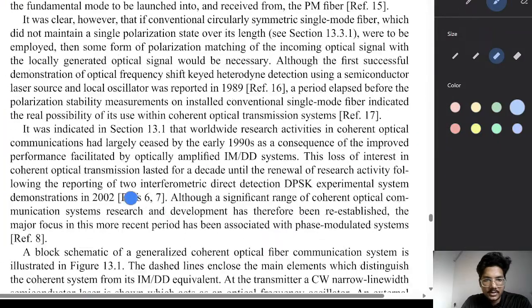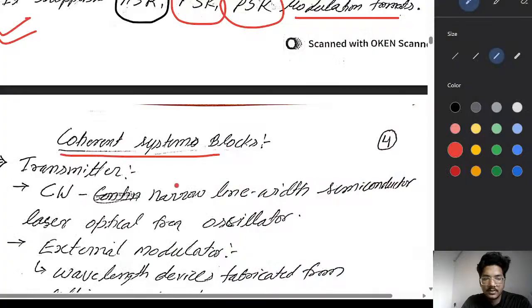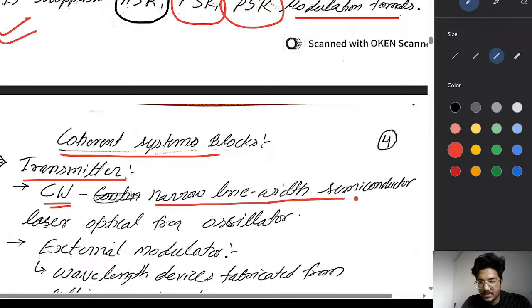So there is a transmitting portion. There is CW, continuous wave, a narrow line width semiconductor laser optical frequency oscillator.